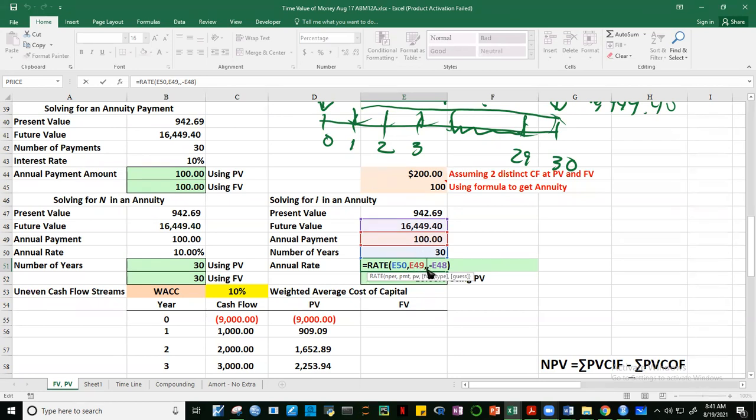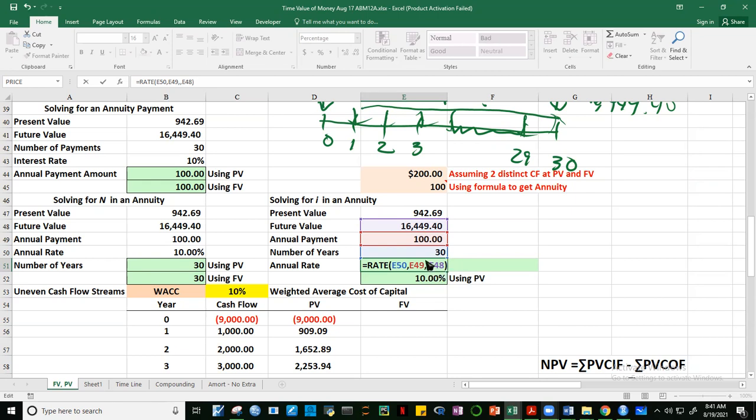And then here we're using the future value of 16,449, but it should be negative, guys. Negative dapat yung future value niya. Otherwise, pag hindi natin ilagay yung negative, mag-error yan kasi Excel is very particular about the direction of the cash flows.